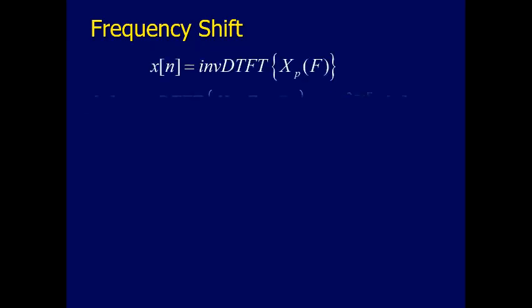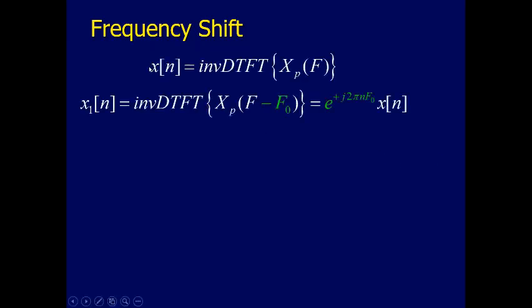Now there's a duality in the discrete time Fourier transform, just like there is in the continuous time transform. So if there's a time effect, there's also an analogous frequency effect. We looked at what happened if I shift a function in time. We can ask the similar question of what happens if I take a discrete time Fourier transform and shift it in frequency.